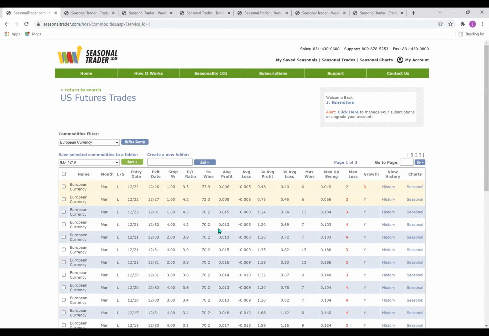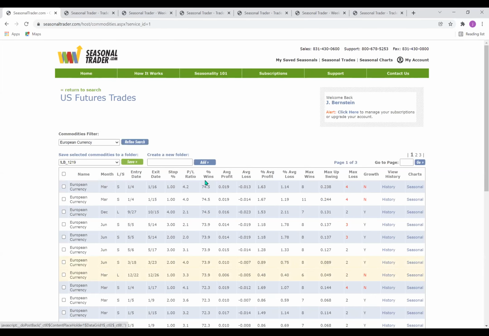And I get many trades. And here they are. I can organize the trades by entry date, like so, January, or exit date. I can organize the trades by percent win, like so. So this is the highest probability trade right over here.